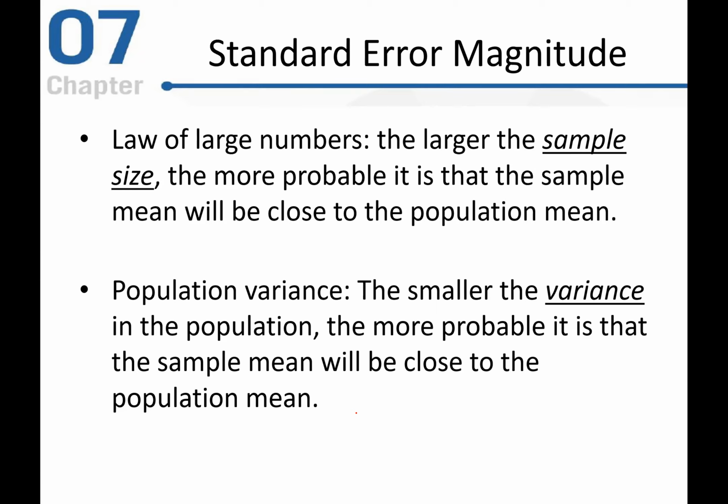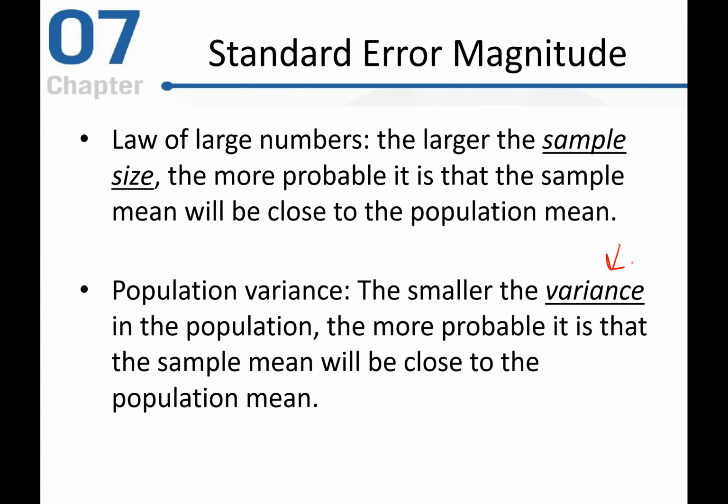Population variance. The smaller the variance in the population, right? This variance has to do with variability. If the scores in the population don't vary a lot, then the more probable it is that the sample mean is going to be close to the population mean.